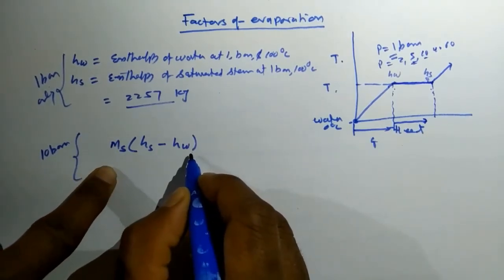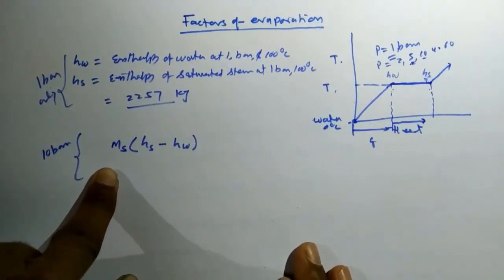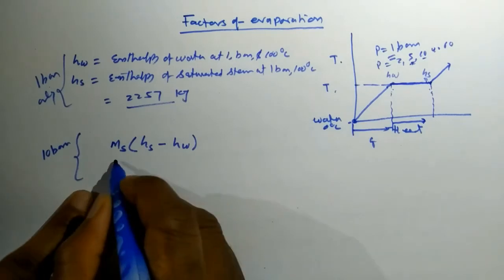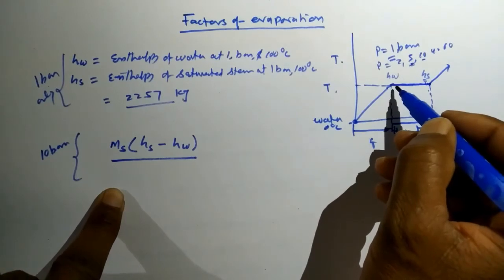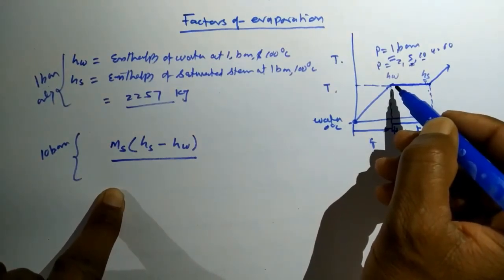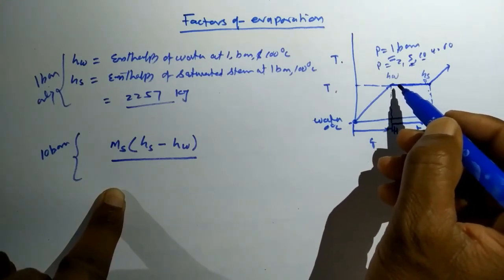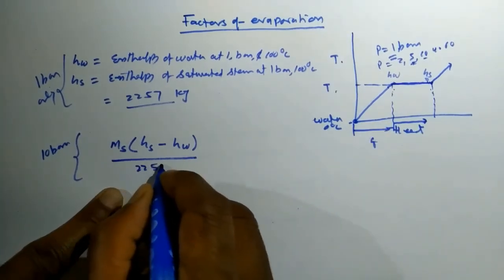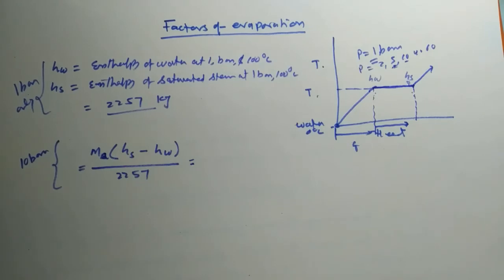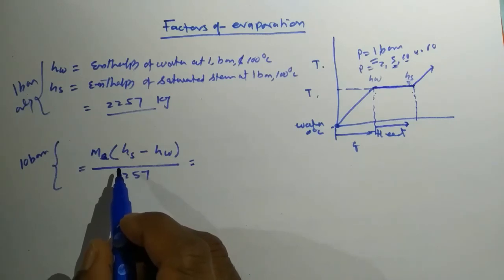This term shows the total amount of heat absorbed at 5 bar, divided by the value of enthalpy of vaporization at standard condition, 2257.